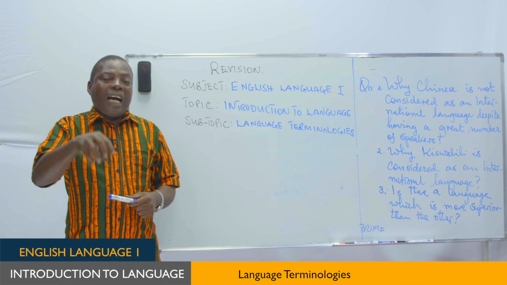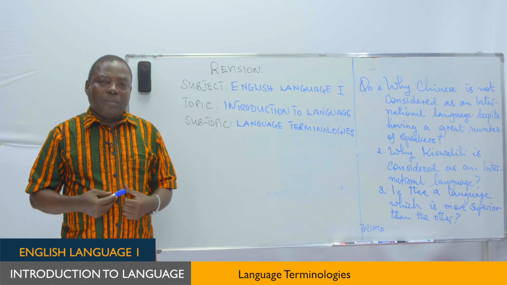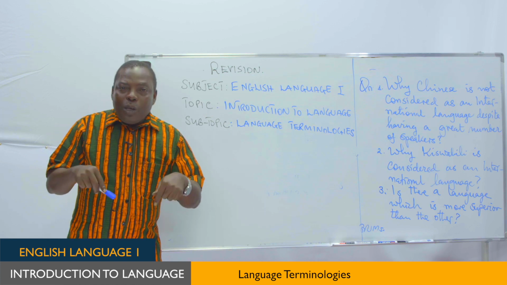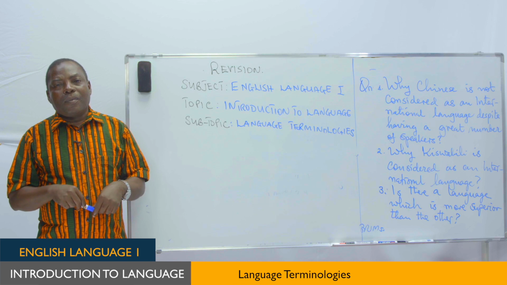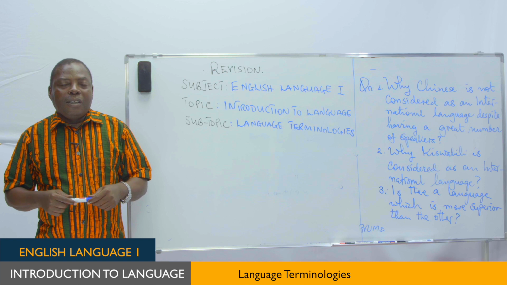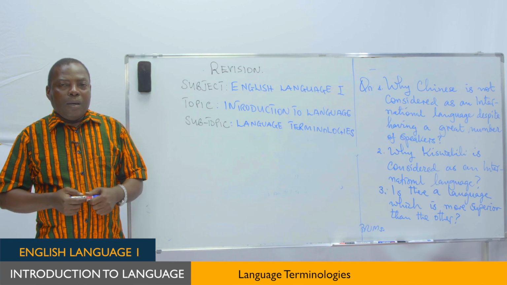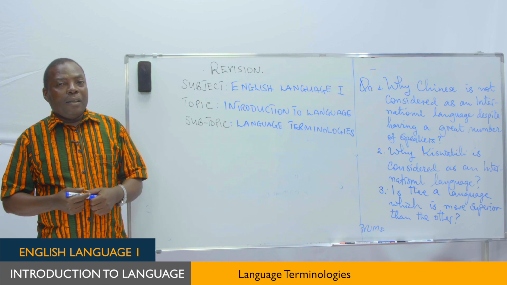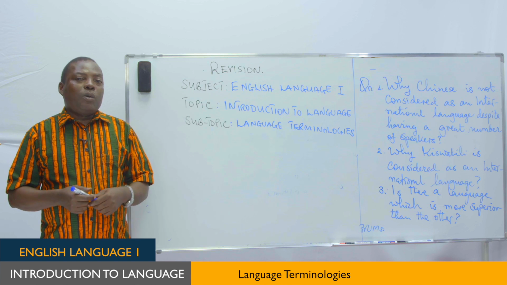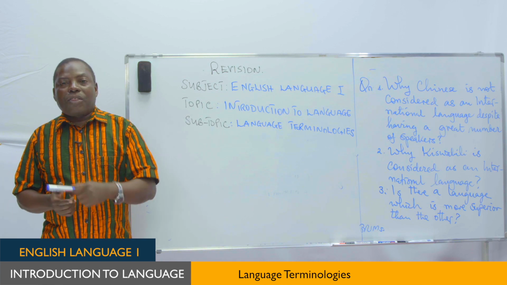Since the society has changed, the language has changed as well. So you need to know that the language we are using today might not be the same that we are going to use some years after. And in that, there is what we call language change and language death.